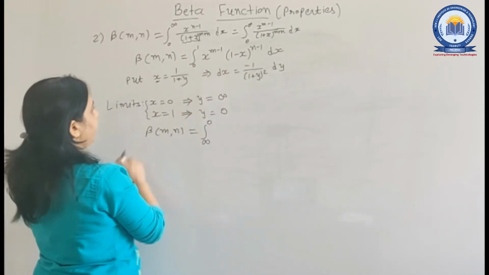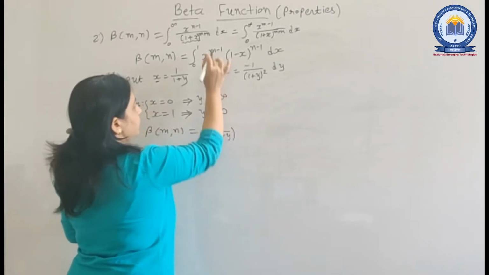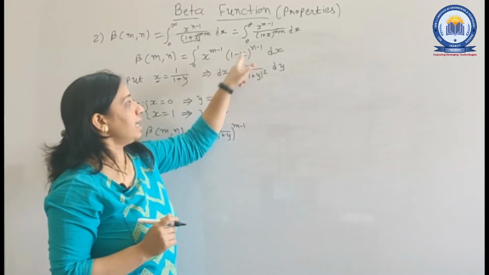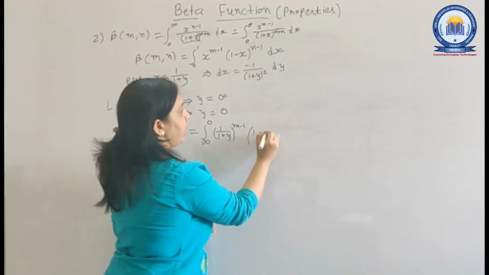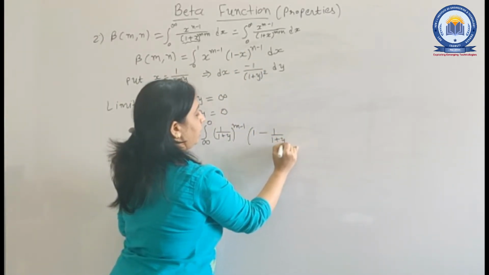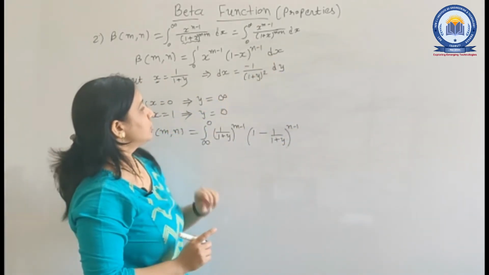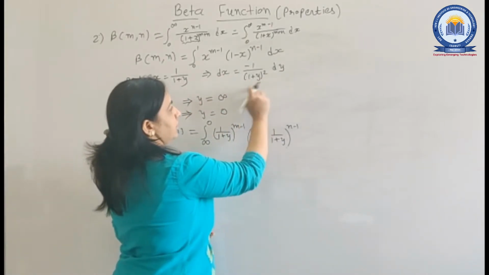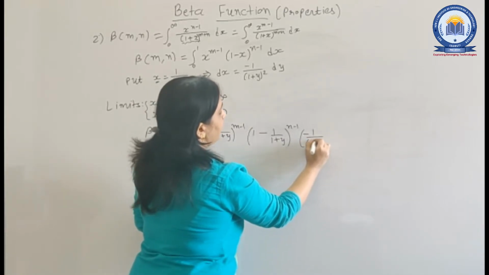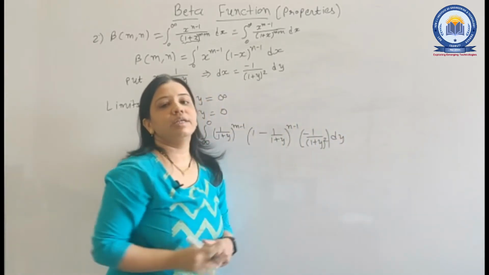Instead of x, we'll put 1 upon 1 plus y, the whole raised to m minus 1. Now 1 minus x, again 1 minus 1 upon 1 plus y, and the whole raised to n minus 1. Now dx, instead of dx we can put this thing: minus 1 upon (1 plus y) the whole squared dy.